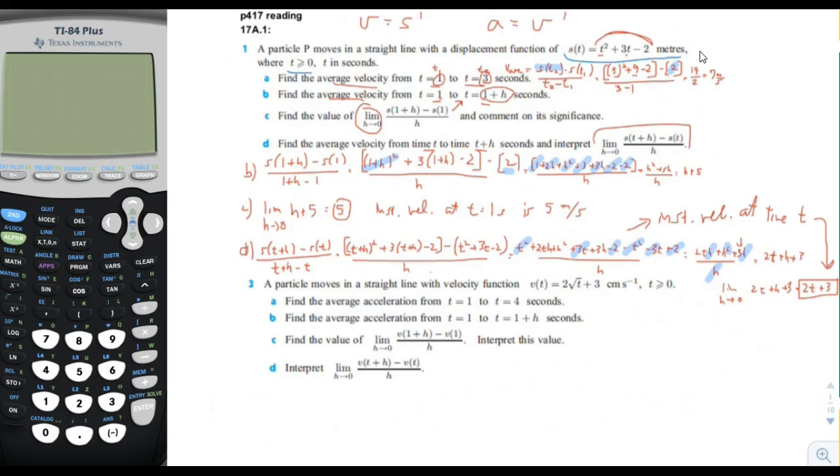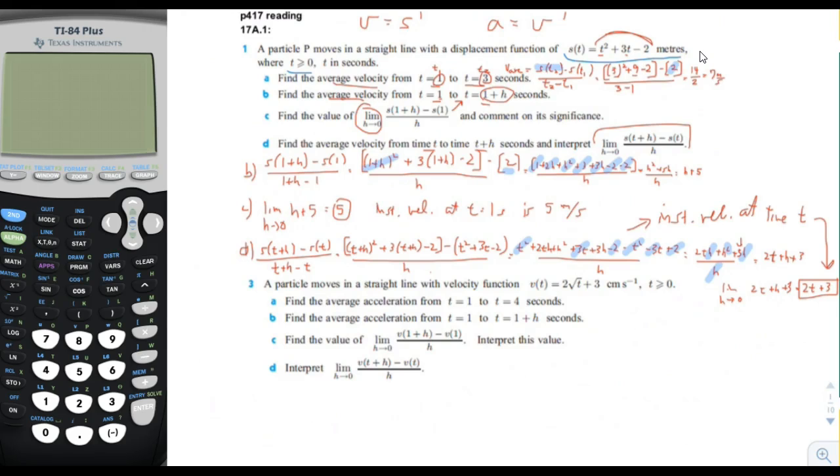So it's a useful expression that whenever you want to know what's the instantaneous velocity at time equals 2, then you just put 2 in for t. What's the instantaneous velocity at time equals 10? You just put 10 in for t. It'll give you the instantaneous velocity at any time of the particle which obeys this expression.